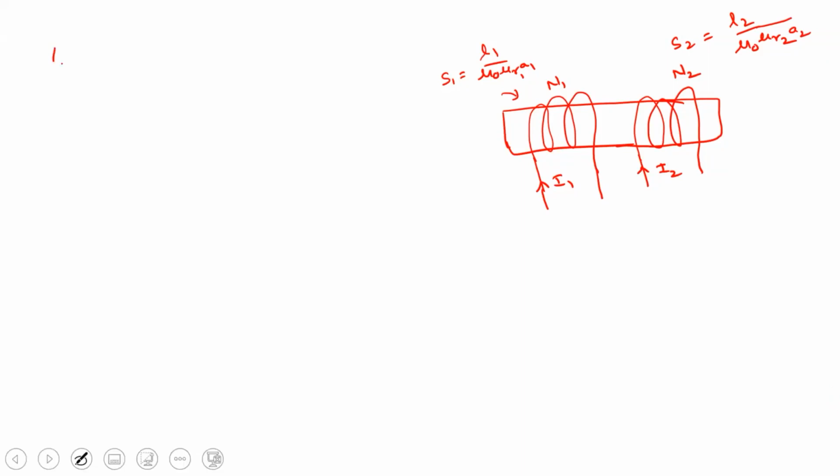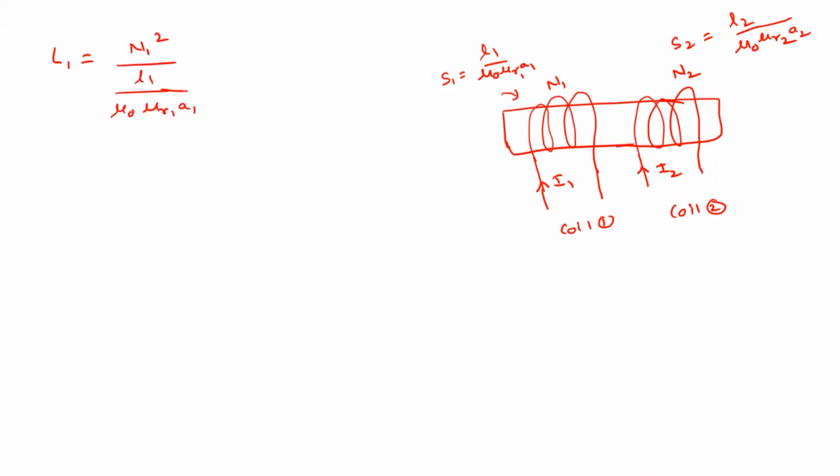So what is L1 here? For coil 1, L1 equals N1 square upon S1, that is N1 square by L1 upon mu naught mu R1 A1.